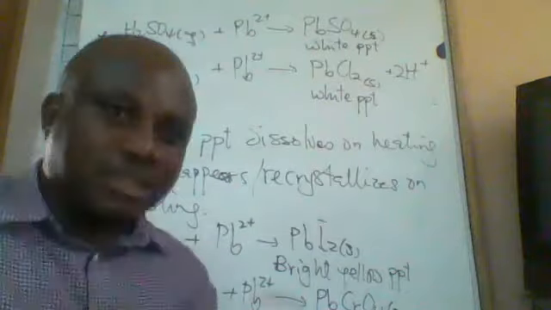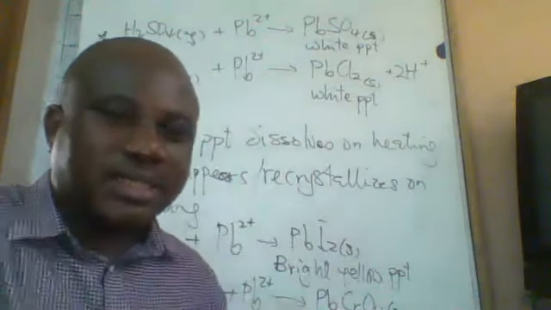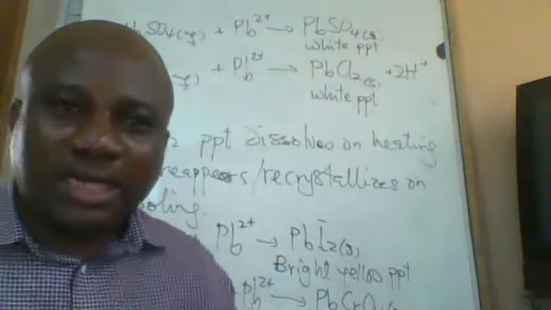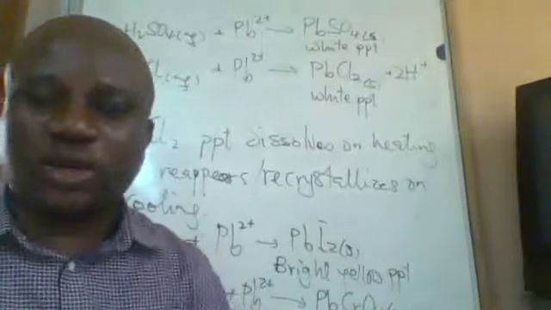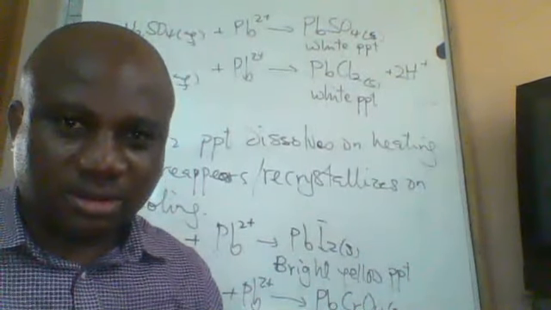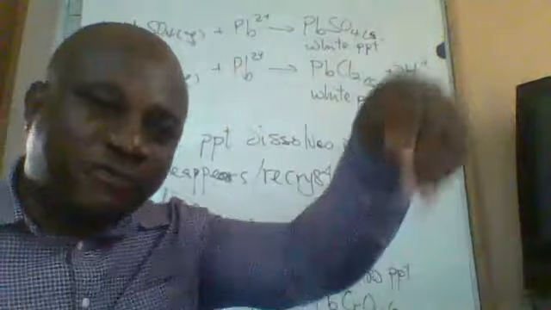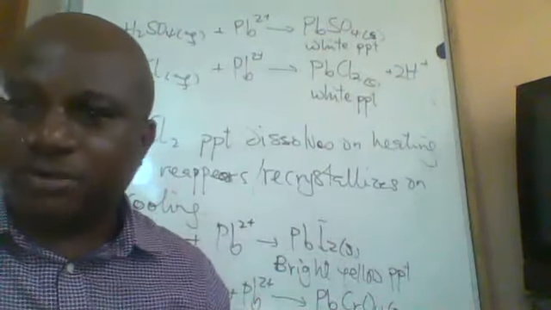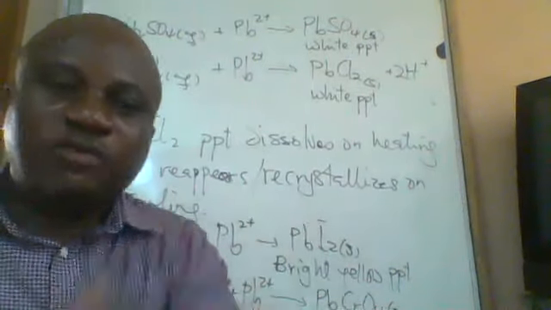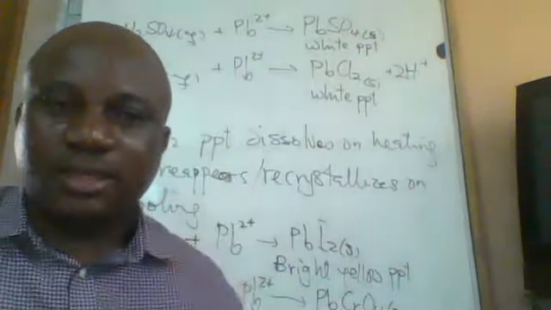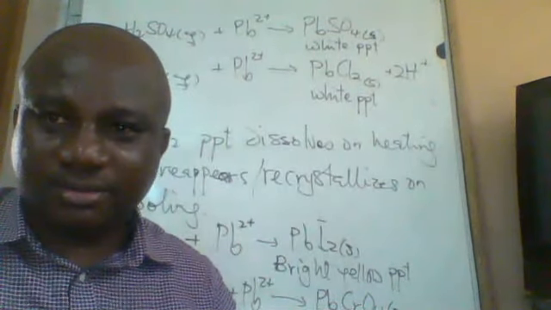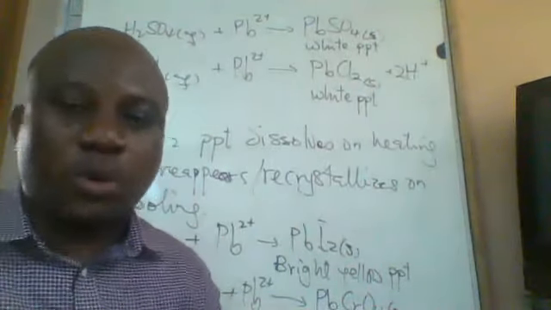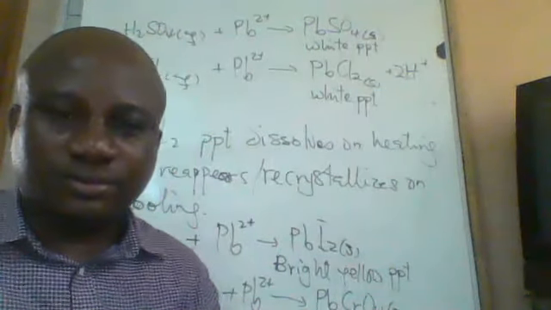So definitely, you perform the preliminary test before the confirmatory test. You cannot just jump to the confirmatory test. Before you even get to it, you have an idea which ion is there, so the confirmatory test is just to add up to the whole thing.